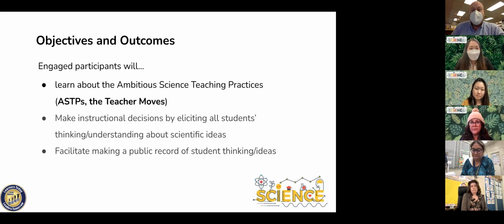These are the things that teachers do in order to help students learn. We're going to learn about how to make instructional decisions by eliciting all students' thinking and understanding about scientific ideas. And we're going to learn about how to facilitate making a public record of student thinking and ideas.